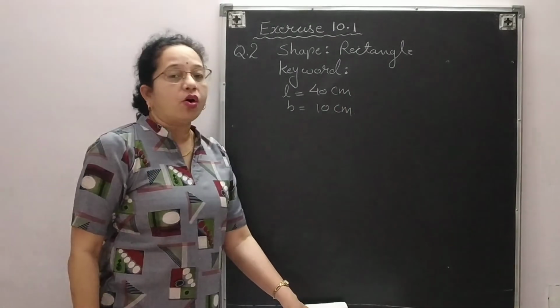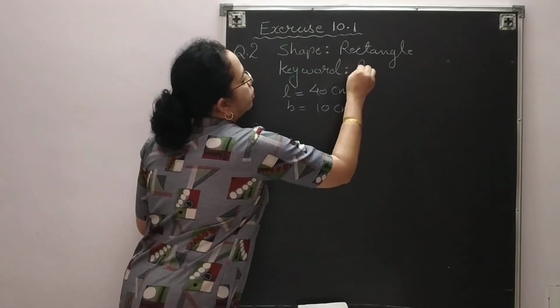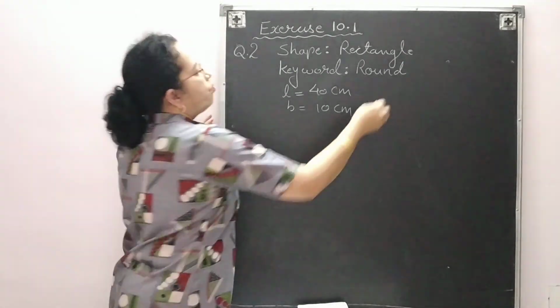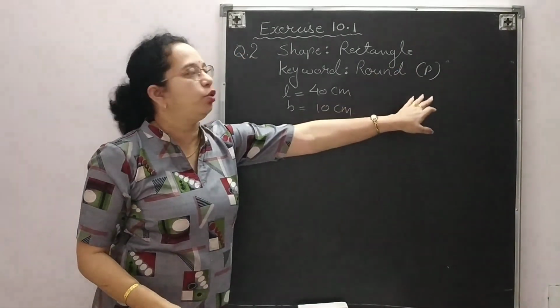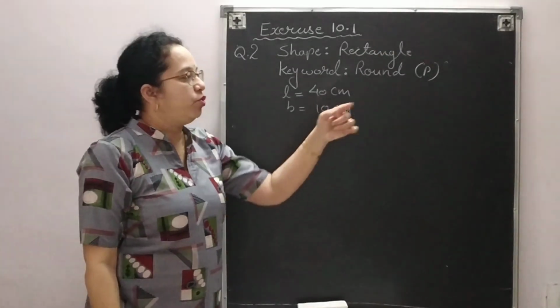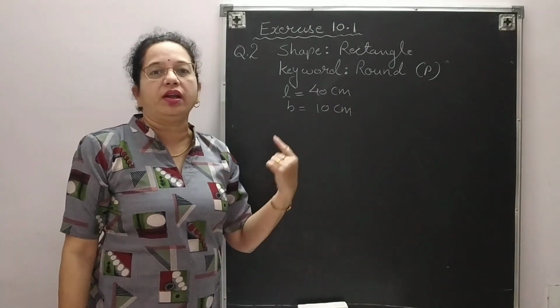Is sealed all round with tape. So the word round is given. Round is another word for perimeter. What does it mean? In this question we need to find out the perimeter, and one more word is also given, tape. You need to put a tape round. It means again you need to find out the perimeter.